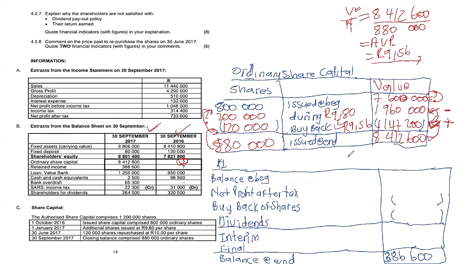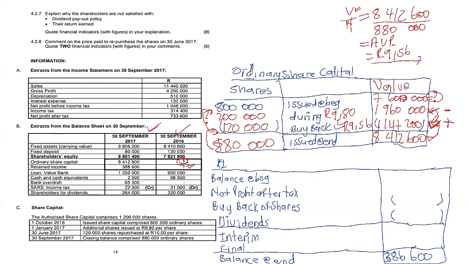Right. So let's move on. Balance at the beginning on retained income. Also, your balance at the beginning for retained income is unknown, meaning it's a balancing figure. And then you have your net profit after tax. Your net profit after tax will be given under the income statement, which is when you check the information, you have an extract from the income statement for the year ended 30 September 2017.